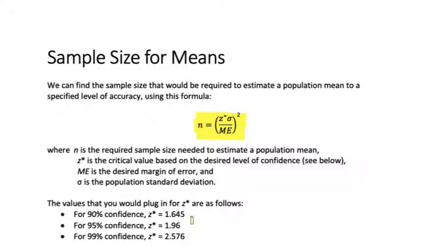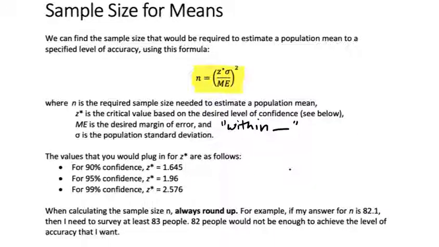We also have ME, which is the desired margin of error. And normally in the problem, it's going to be worded as within something. So whatever the unit is, it'll say within, that'll be the margin of error. And then we're going to square that whole thing.